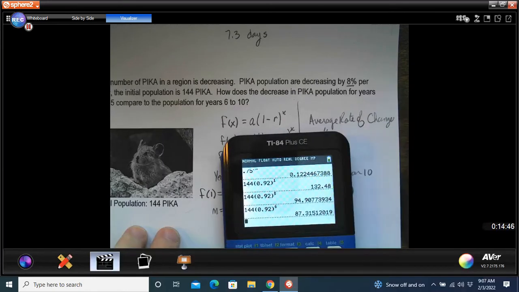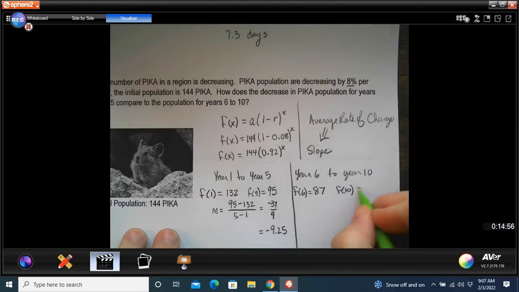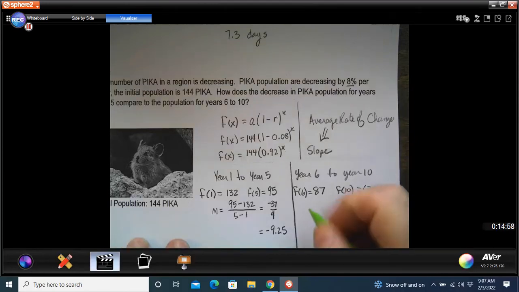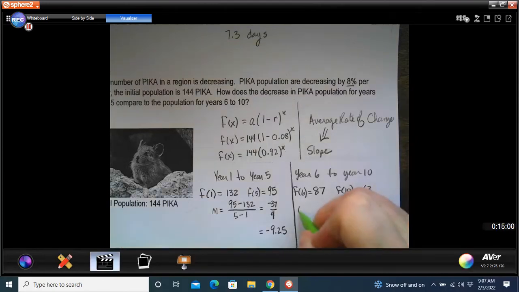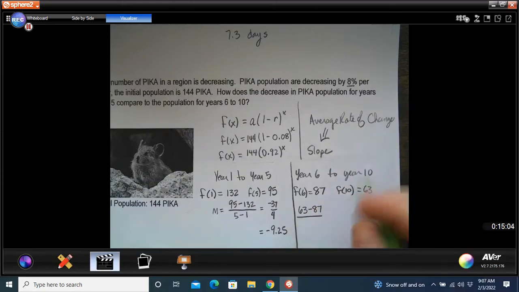Again, 144 times 0.92 to the 10th power, and I get 63. So the slope is 63 minus 87 over 10 minus 6, or negative 24 over 4, which is negative 6.